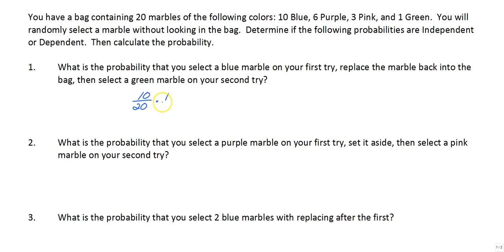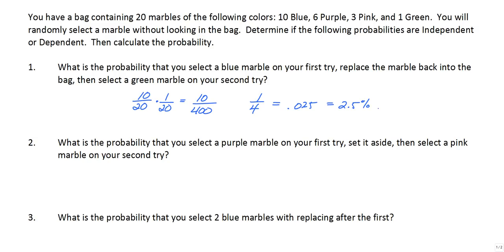Well, that's just 1 green marble out of 20 marbles. So once you multiply those together, you're going to end up with 10 out of 400, which is 1/40, or 0.025, or 2.5%. So there's only a 2.5% chance of that happening, okay?